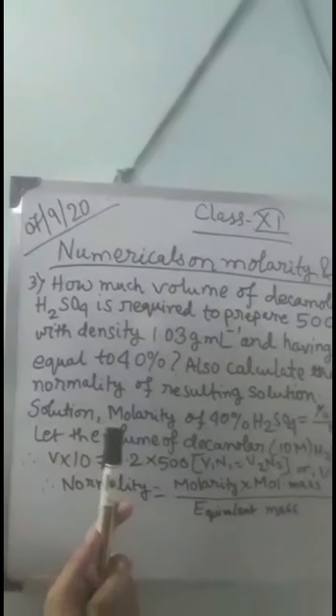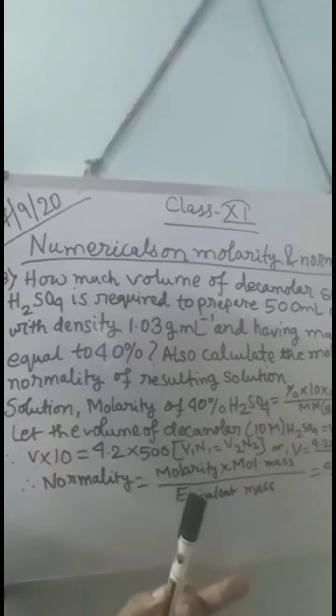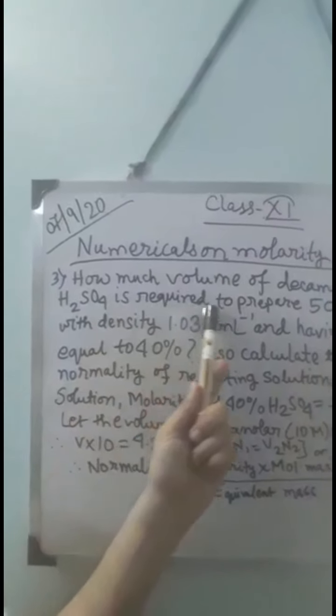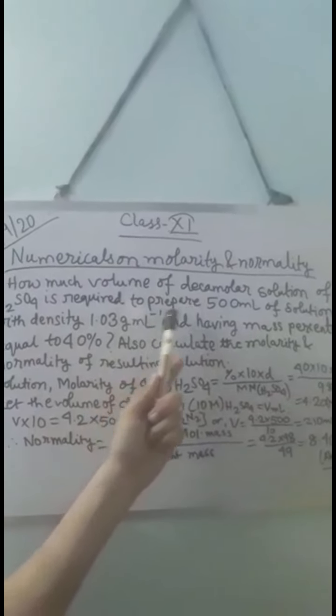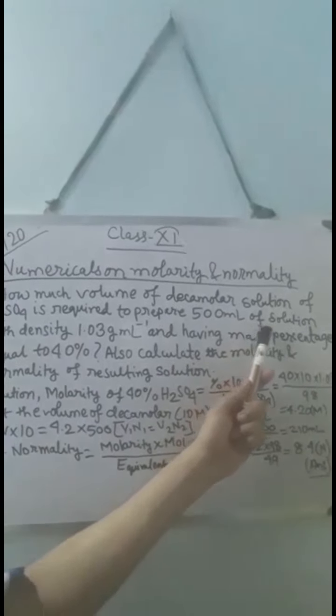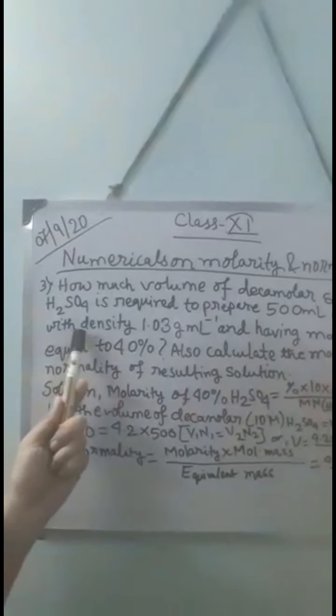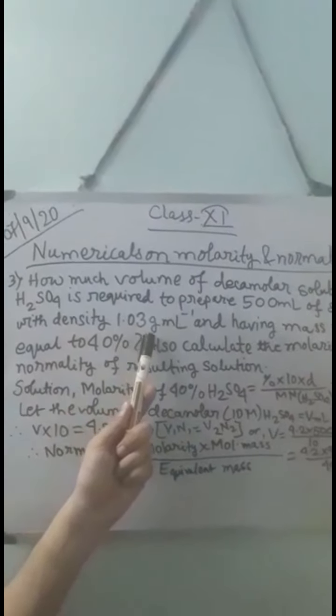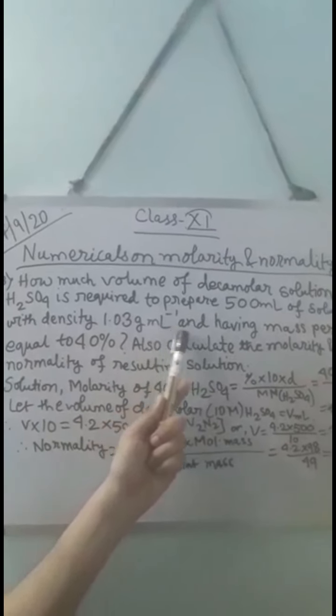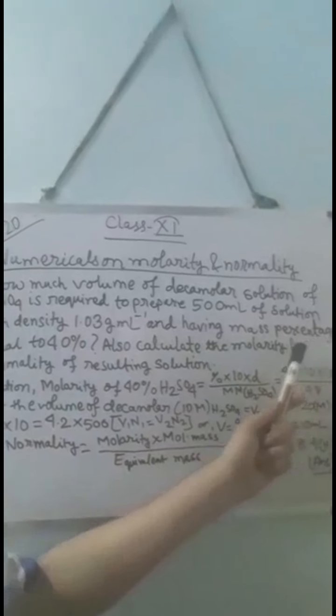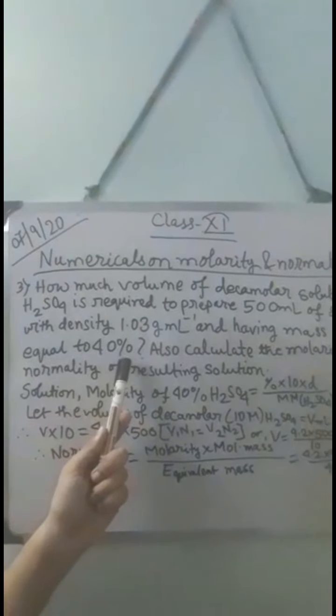So class 11. Now I will discuss the third numerical. As 1 and 2 are already done with you, this is the third numerical. How much volume of decamolar solution of sulfuric acid is required to prepare 500 ml of solution with density 1.03 gram per milliliter and having mass percentage equal to 40%?